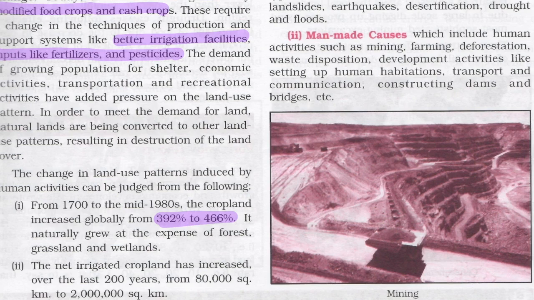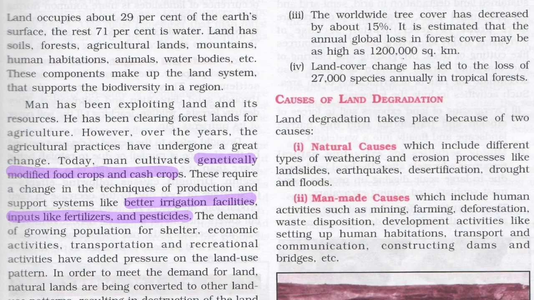The net irrigated cropland has increased over the past 200 years, from 80,000 square kilometers to 20 lakh square kilometers. The worldwide tree cover has decreased by about 15%. Land cover changes have led to the loss of 27,000 species annually in tropical forests.